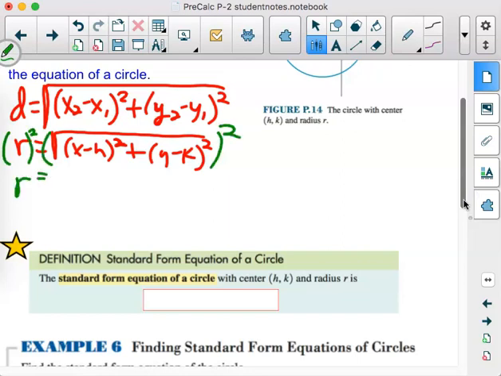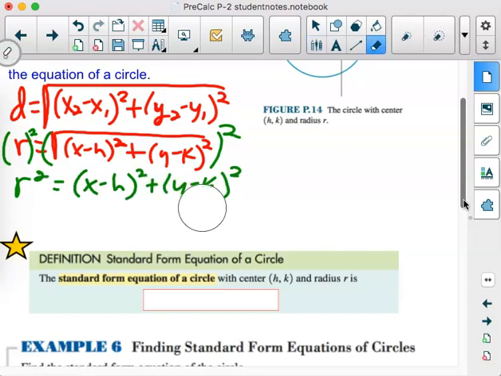And it'll say r squared equals the quantity x minus h squared plus the quantity y minus k squared. And my k looks a little hinky. And then most of the time, we put the x's and the y's on the left-hand side.